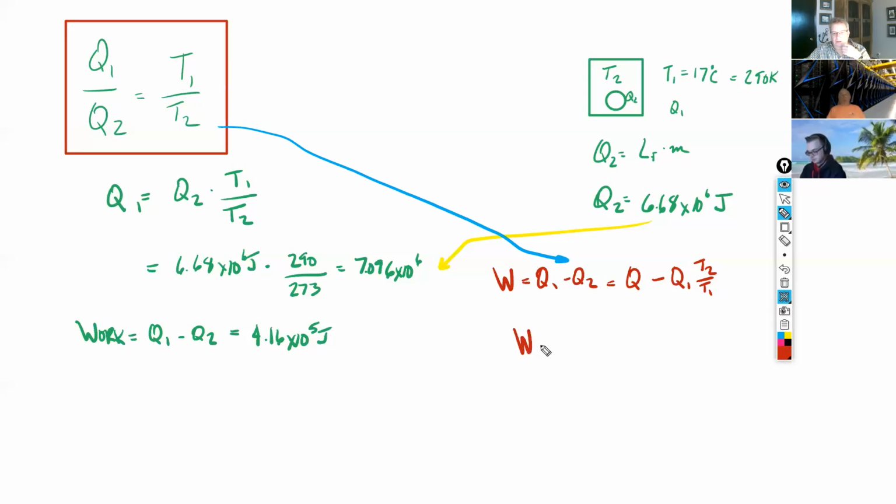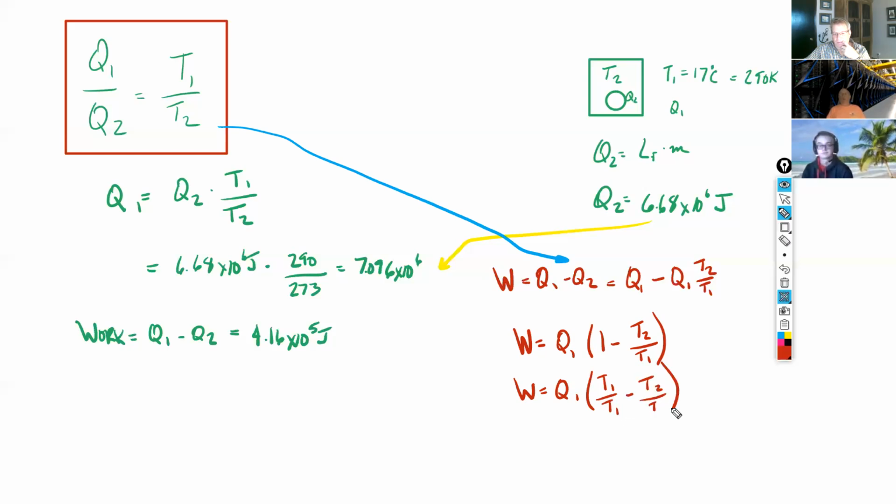But the work is Q1 times 1 minus T2 over T1. The work is Q1 times T1 over T1 minus T2 over T1.